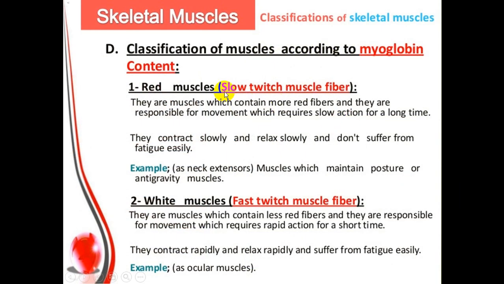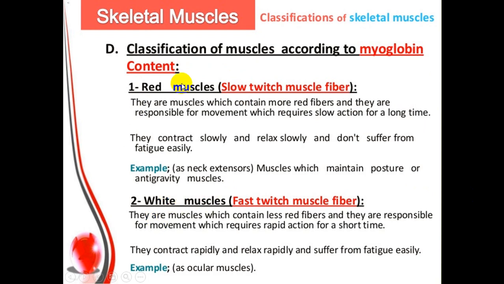In lower vertebrates, the red and white fibers are exclusively present in individual muscles. So we can classify skeletal muscle into a whole red skeletal muscle and a white skeletal muscle.